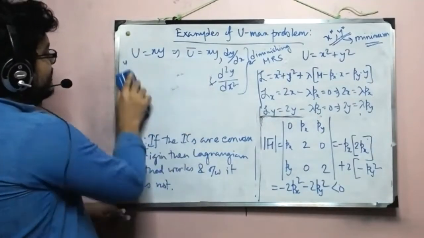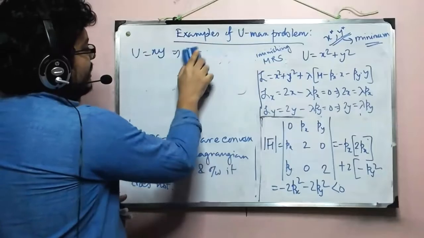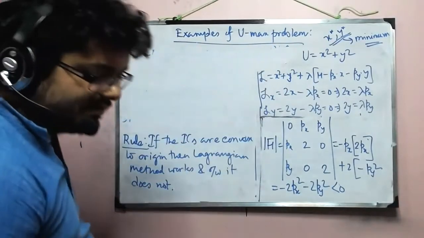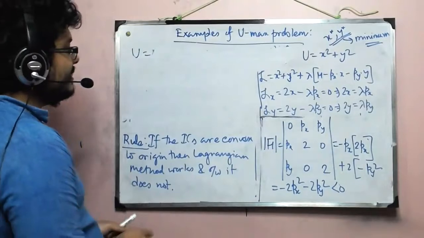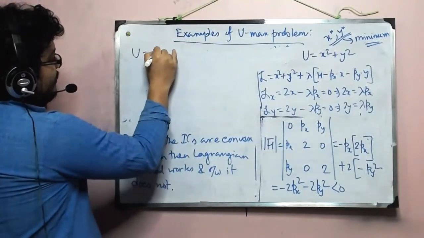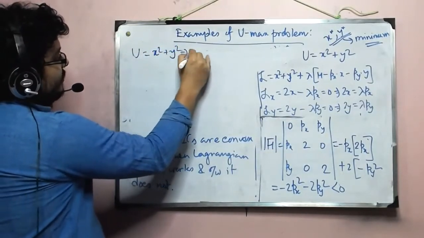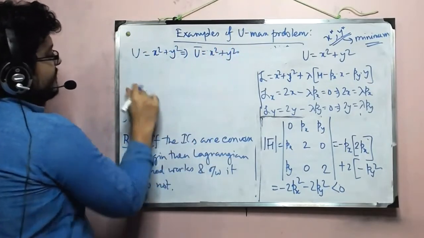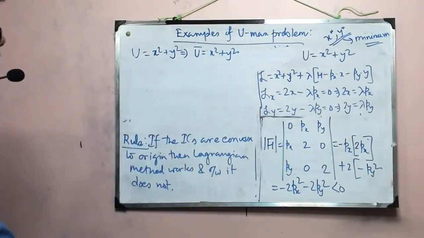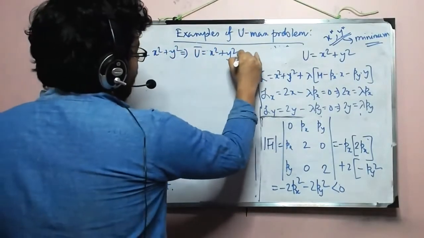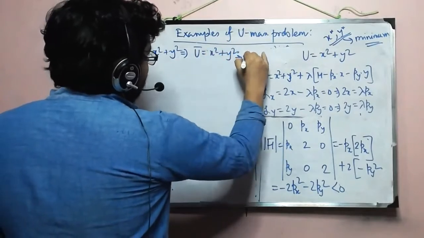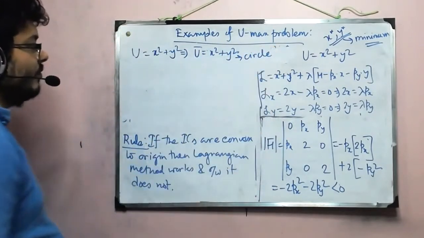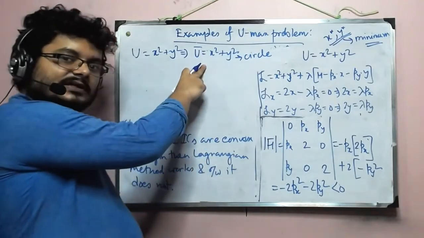What is the shape of the IC if u equal to x square plus y square? Now, if you look at u equal to x square plus y square, this is essentially a circle. In 2D, for the IC, we have u bar equal to x square plus y square. So this is basically a circle, right? With its center at the origin, and radius root u. So that's what it is, a circle.